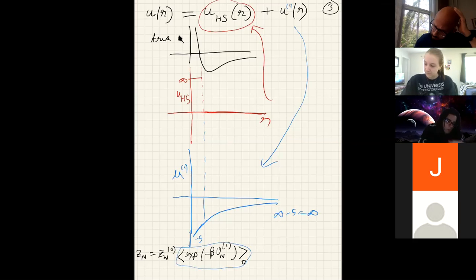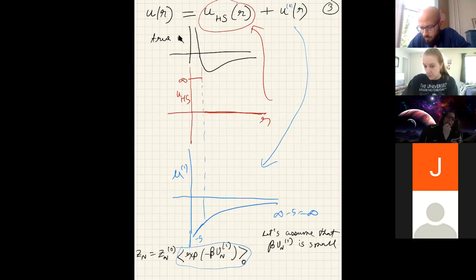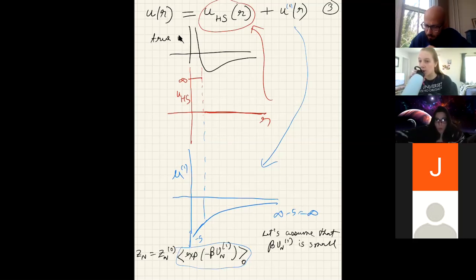So let's assume that beta Un1 is small. Is this a fair assumption? It is a fair assumption because, okay, Un1 is going to be a sum of these small u1s. So we can think about the u1.